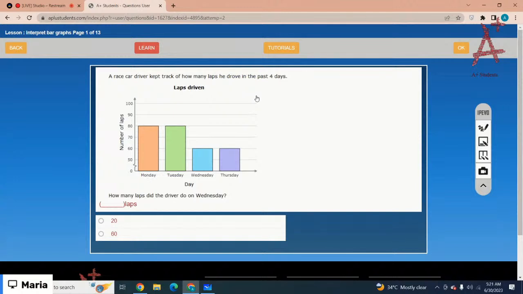So just look at the line for Wednesday. Here you have Wednesday. Match it to the y-axis, it would be 60. That means the driver did 60 laps on Wednesday. The correct option is 60.